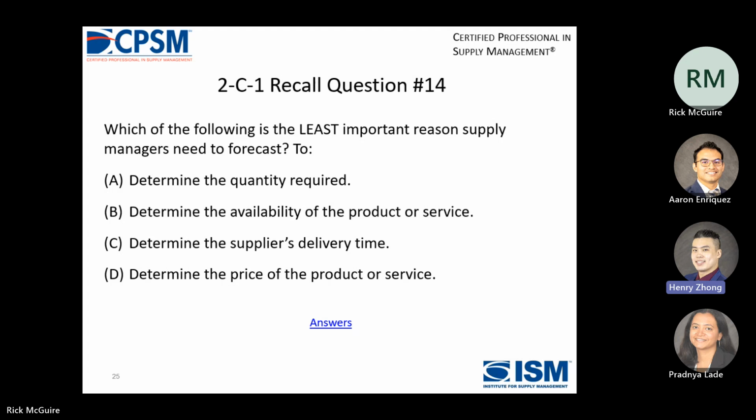I'm guessing price, maybe? It's probably not going to be A, because we use forecasting to forecast quantities all the time. And we also use it for price. I think it's going to be B or C. Anybody got any other guesses?